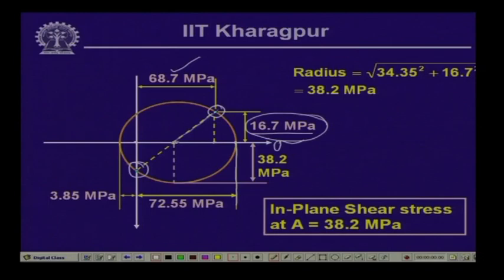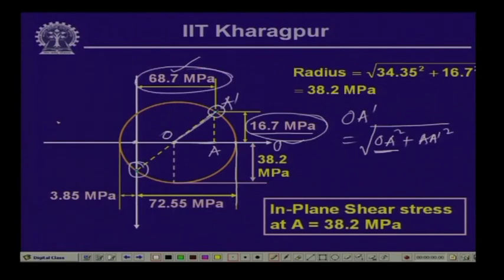Now, the value of the radius will be equal to the root of this distance. Let us call this O, this point A and this A dashed. So, the radius O A dashed will be equal to root of O A square plus A dashed square. Now, O A is the distance from here to here, we know this stress is 68.7 and the center divides this into 2 equal halves.